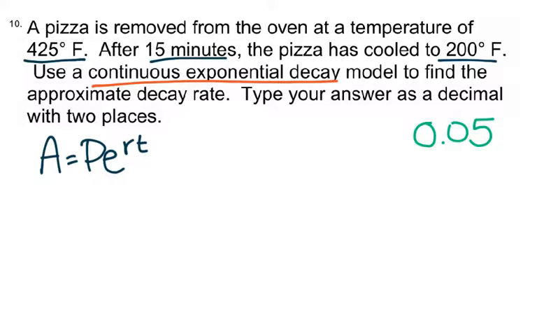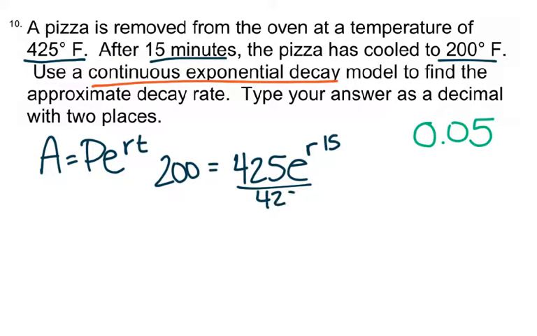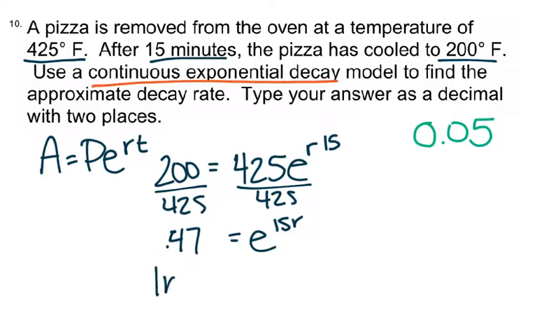So we started at 425. We don't know the rate, but we do know it took us 15 minutes. And we ended at 200. So we're going to divide both sides by 425. And we'll change this to 15R just because it looks prettier. Alright, now I have to take the natural log of both sides.